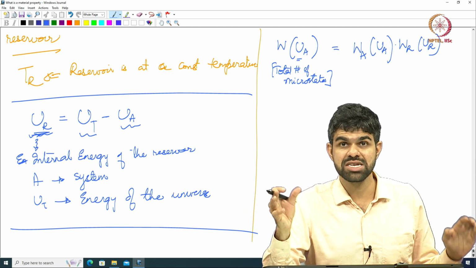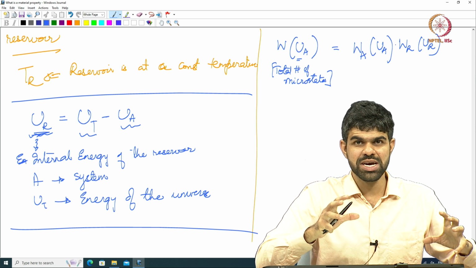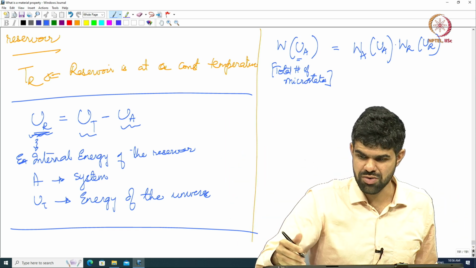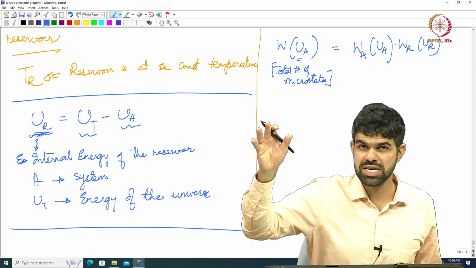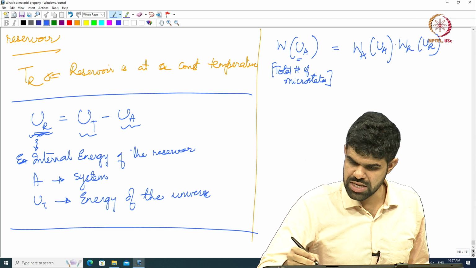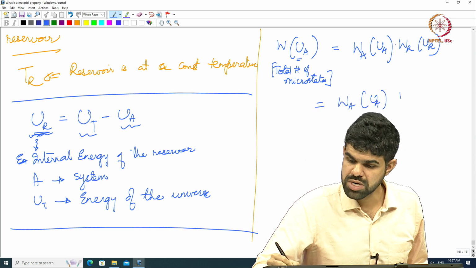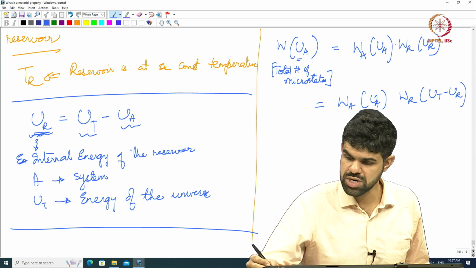The particles in the system remain in the system, and these particles take a certain number of microstates in the system and certain other number of microstates in the surroundings, right. So with respect to the system, the number of states in the surrounding also changes. Okay. So I can just write it as this, and that is equal to W_A(UA) times W_R(UT minus UR). Sorry, UT minus UA.